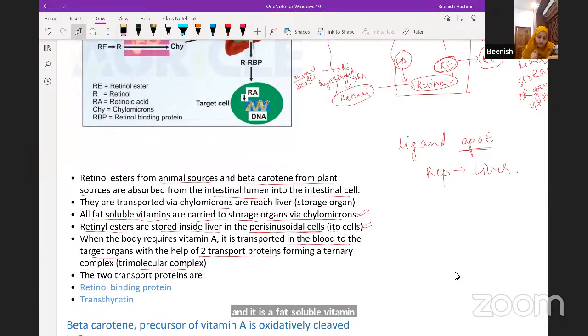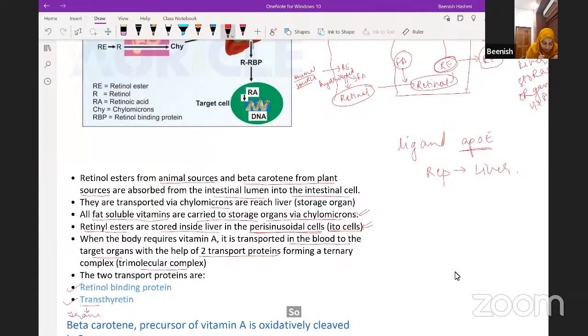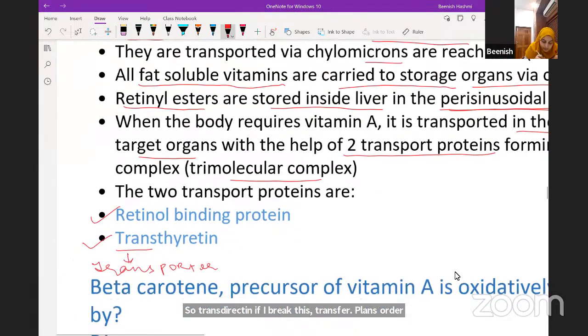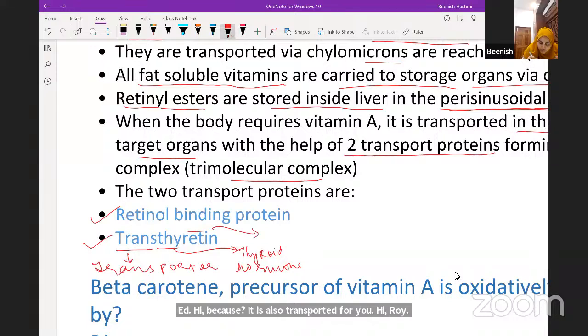Now, what are those transport proteins? They are retinol binding protein and transthyretin. If I break down transthyretin, trans is for transporter, thy because it is also a transporter for thyroid hormone, and retin because it is transporting retinol.